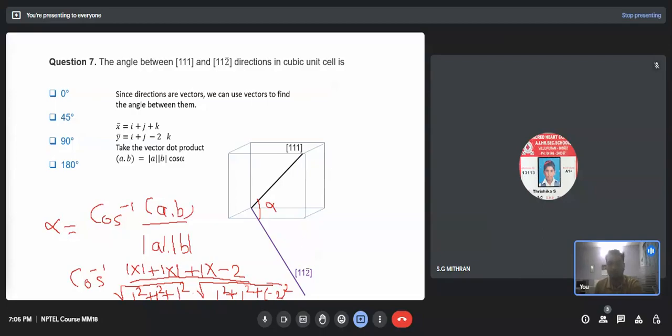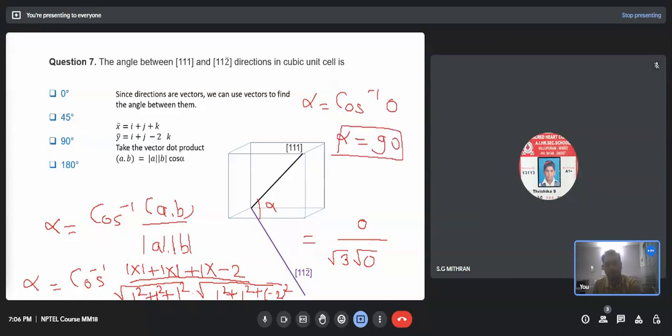So the numerator is 0, the denominator is root 3 times root 6, and the value is 0. So alpha is equal to cos inverse 0, so alpha is equal to 90 degrees. Okay, so the answer will be 90 degrees.